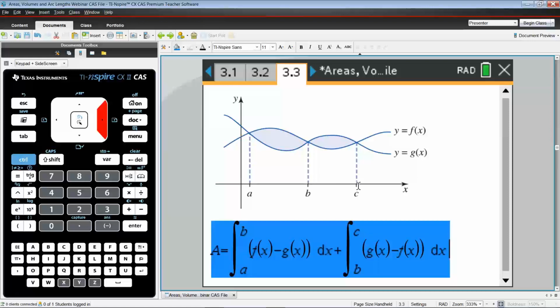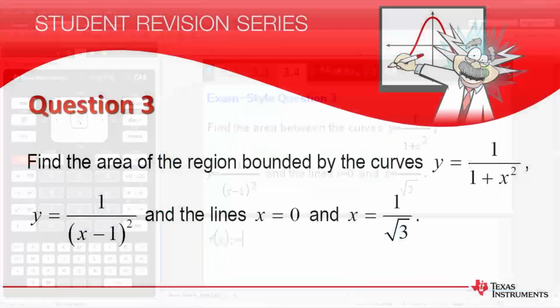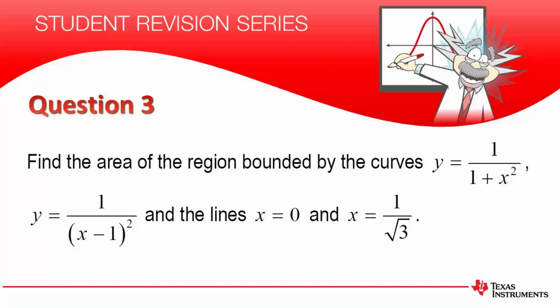Now, between b and c, you notice that g of x is now living above the region, and f of x is living below the region. Okay, so in that case, our second integral is going to be from b to c, but we now have g of x minus f of x. Okay, so just something to keep in mind. So therefore, it's always a good idea to look at the graph of a function before blindly integrating it to find the area.